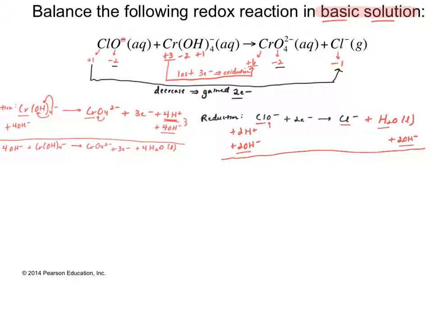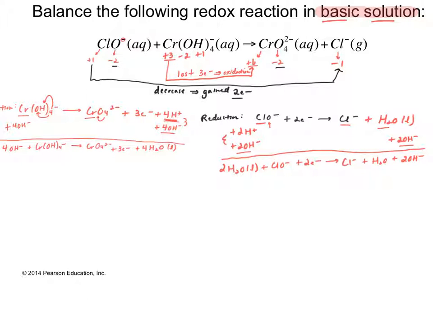We have to do that to both sides. So now again, when these combine, we get 2 waters. So 2 H2Os. That's that. We get ClO minus plus 2 electrons going to make Cl minus plus an H2O plus 2 OH minuses.